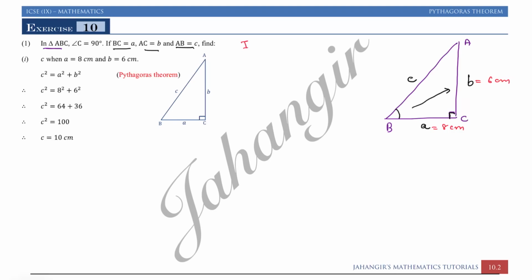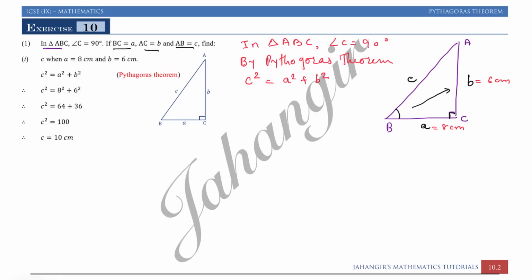So we can write in triangle ABC, angle C is 90 degree. So therefore, by Pythagoras theorem, the reason is very important because we are doing the Pythagoras theorem. So for that, reasons are very important. Pythagoras theorem: c square, that is hypotenuse square, is equal to the sum of the squares of the remaining two sides.